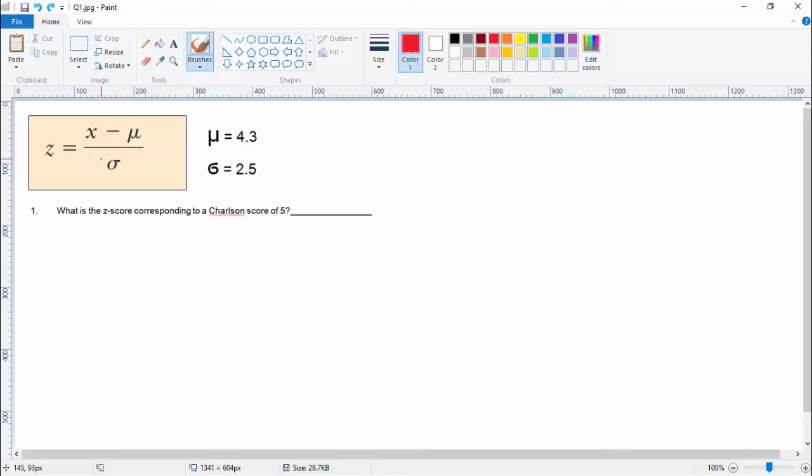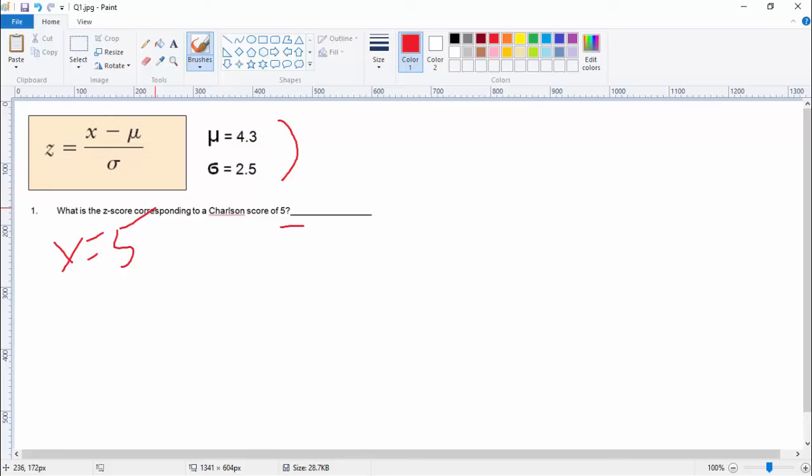So we have to fill in the mu and the population standard deviation. This is Gitlin's chronic dialysis patients. So where's the x? Everybody always asks me that, and I always say the x is in the question. What is the z-score corresponding to a Charlson score of 5? Well, 5 is the x, so x equals 5.